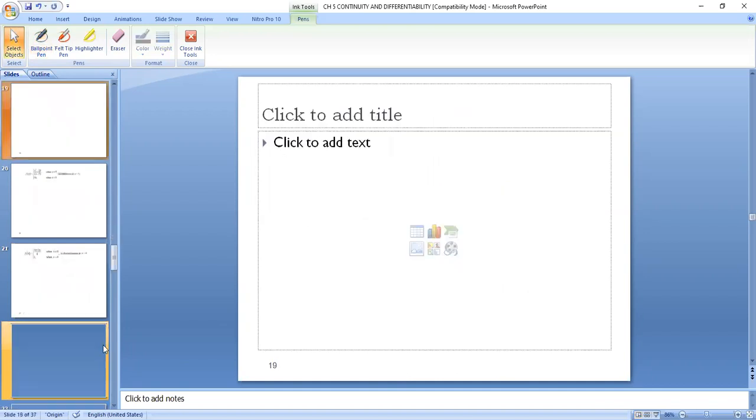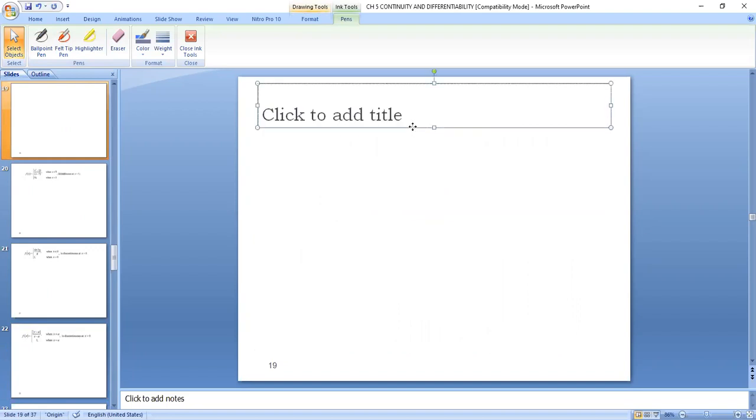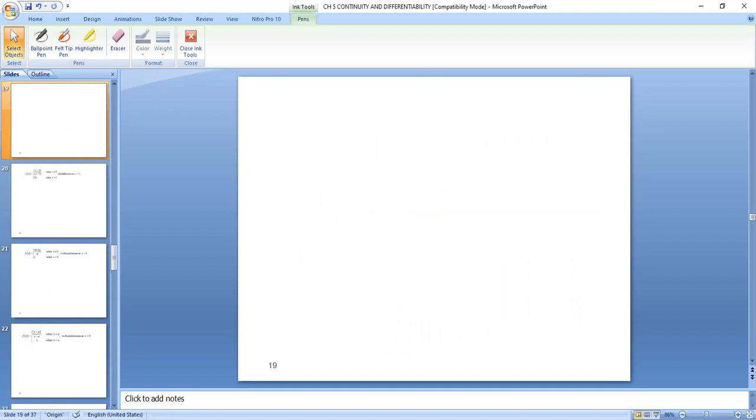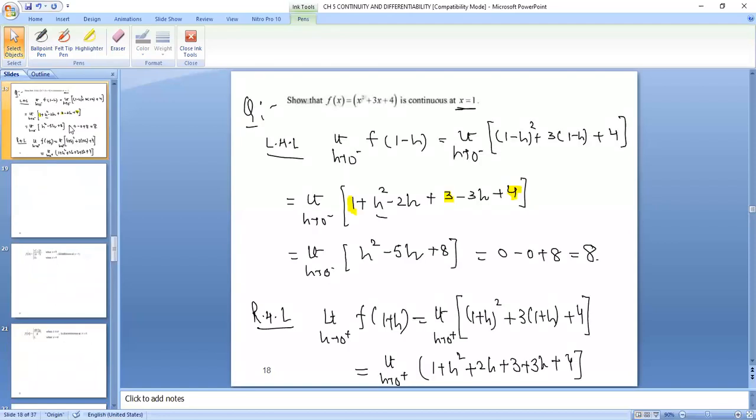Now you have to solve the next step. So add the like terms: h square will be as it is, 2h plus 3h will be plus 5h, 4 plus 3, 7 plus 1, 8.